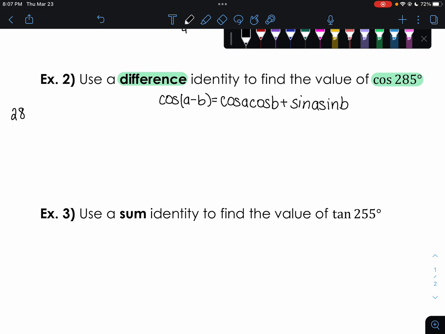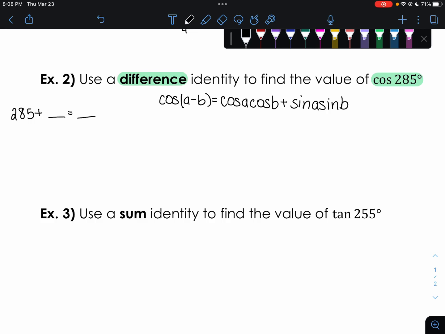So we get 285, and I am going to add an angle, which is going to give me a different angle, which is going to show me what two angles I can subtract to get 285.